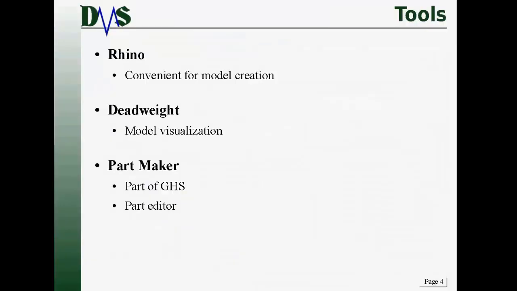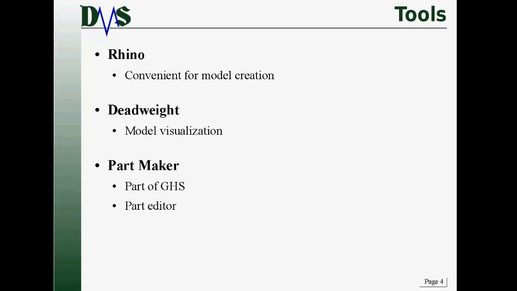So the first thing we need to talk about is what tools are available for creating a GHS geometry file. Just to clarify, the way GHS works is that you have a geometry file. This contains the definition of your vessel, things like the tanks, the floodable spaces, the hull shape, the margin line, certain elements like that, all things that are inherent to the specific vessel.